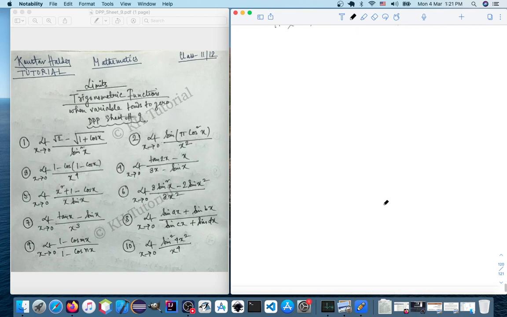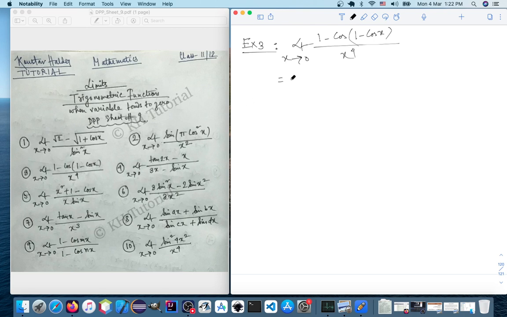Okay, let's see the next problem, problem number 3. Problem number 3 says limit x tending to 0 of 1 minus cos of 1 minus cos x divided by x to the power 4.